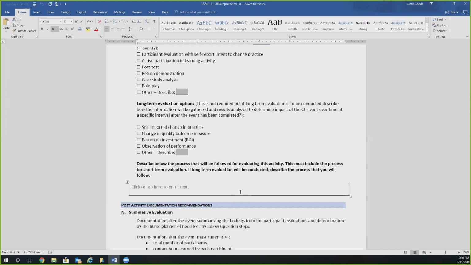And so 3 months after the event, I sent a follow-up survey to all of the attendees and said, hey, it's been 90 days. These are the top 5 items that you all presented that you were going to implement as a result of this activity. Please identify which ones that you have engaged in and tell us what the outcome has been.